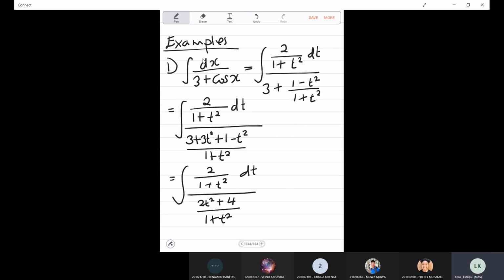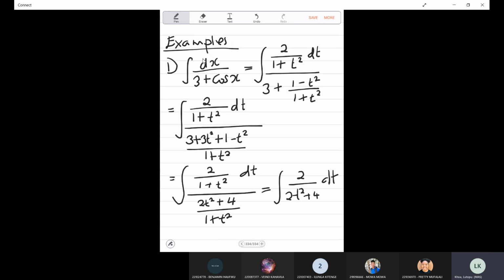So we have these two fractions here dividing. Then you would change it to multiplication and then the reciprocal of the other. So what you are actually integrating is 2 over 2t squared plus 4 dt. Okay, so we can see that 2 is a common factor in the numerator and in the denominator.